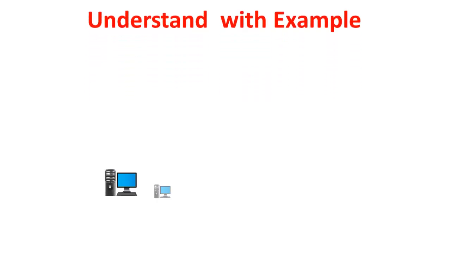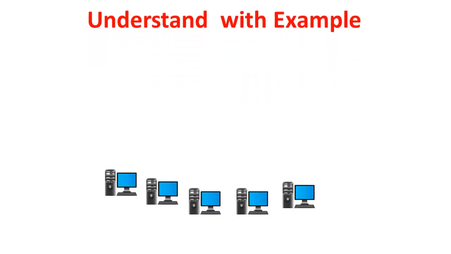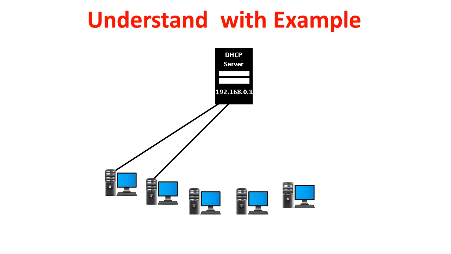Let us understand the same with an example. In an organization, we have 5 computers and those 5 computers need to be assigned IP addresses. But those should not be static IP addresses.